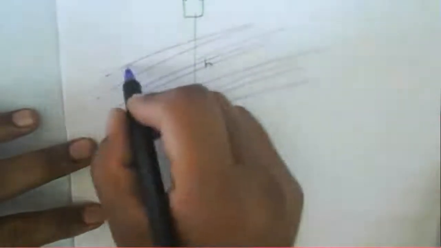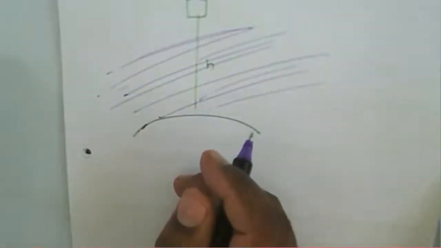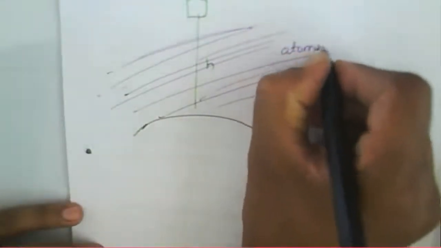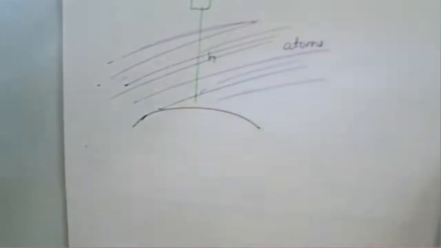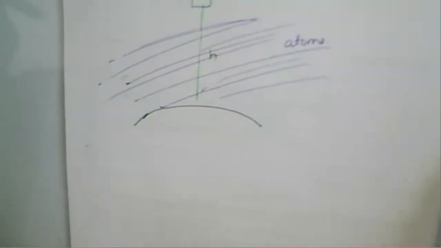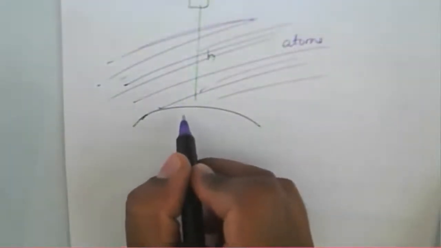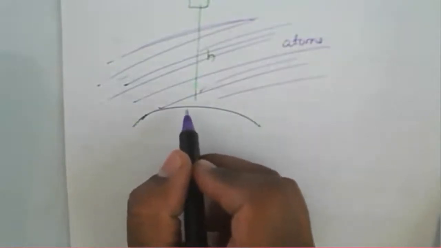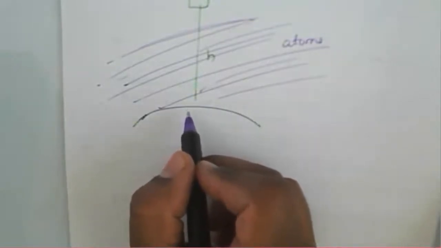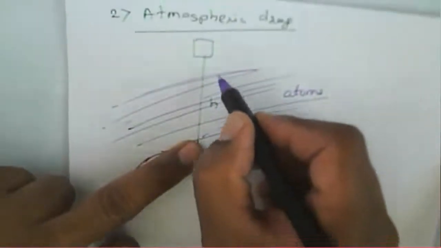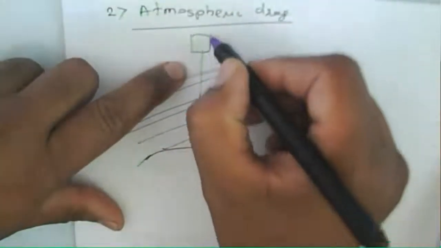In this atmosphere there are various atoms present, a lot of atoms above the earth, and these atoms have a higher density near the earth.